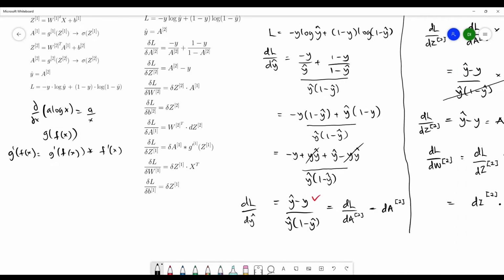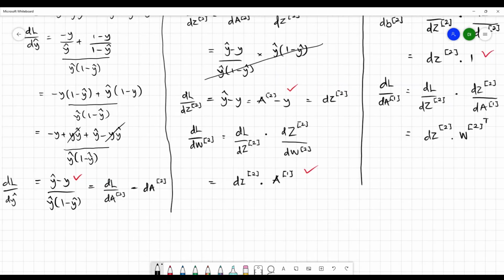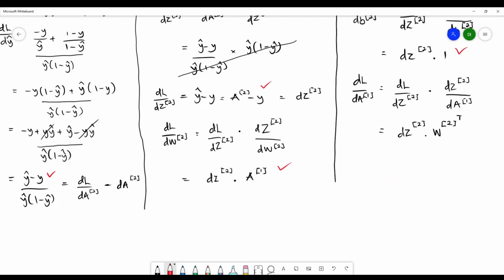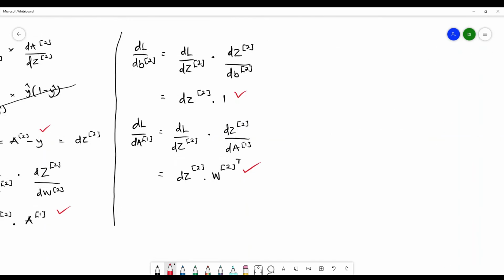The order is changed just for the matrix multiplication to work out, so we're still correct. So we use our red pen and say check.